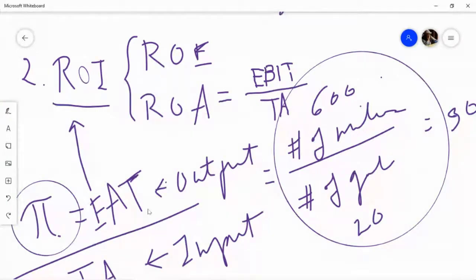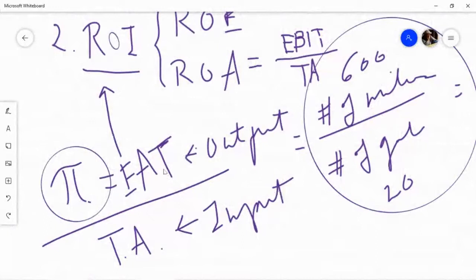If you think about it, profit belongs only to the equity holders, the owners of the company. But total assets isn't only equity; total assets include equity and debt. So what about the debt holders, the lenders, the creditors, the bondholders? They all mean the same thing.